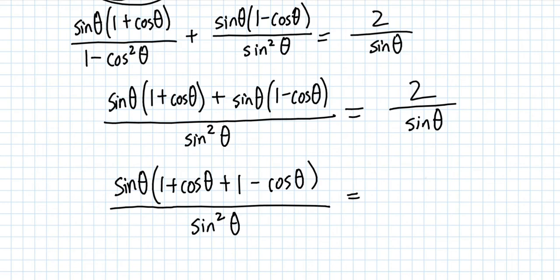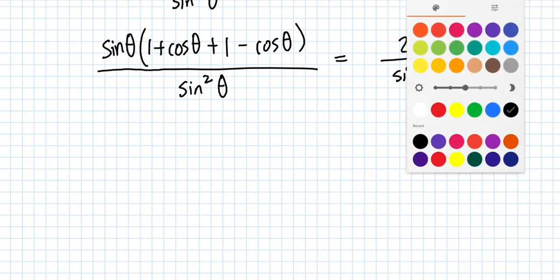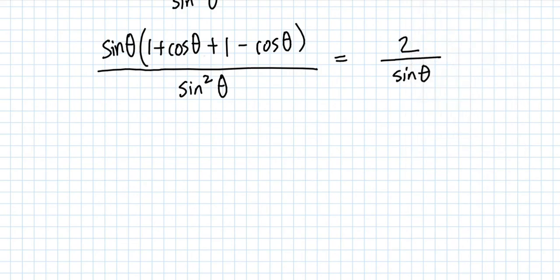Our right side is 2 over sine theta. Okay. Now inside these brackets, we can cancel out this cosine and this cosine, because cosine minus cosine equals 0. All right?